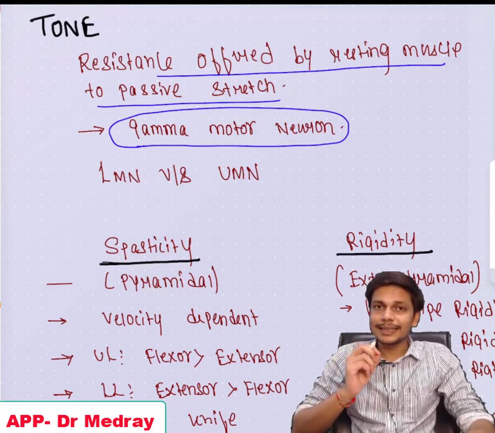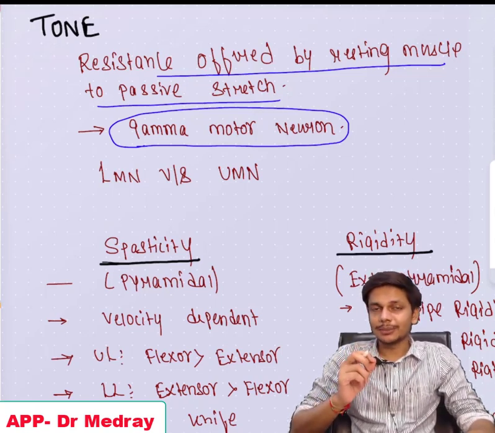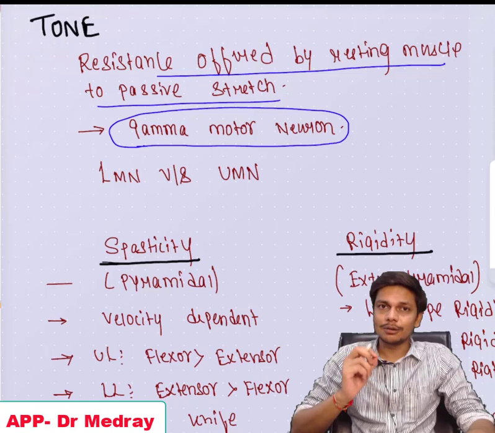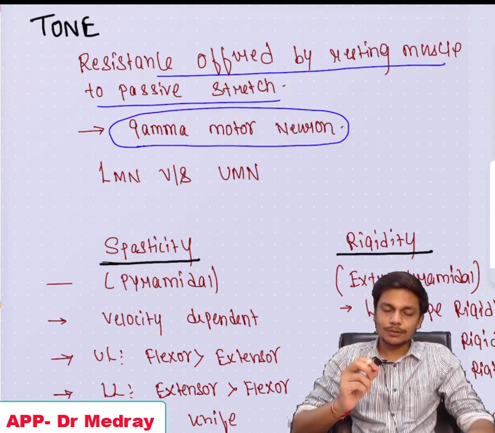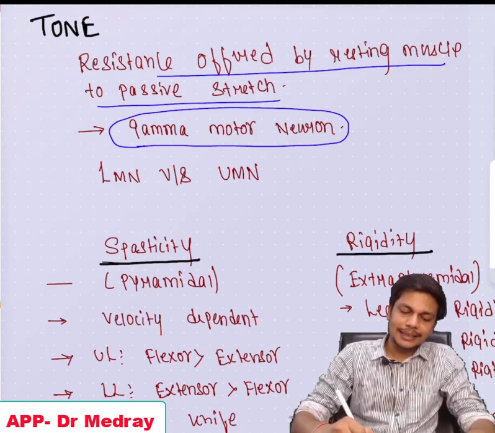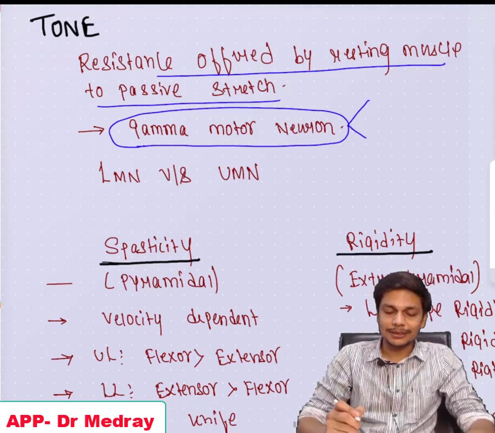The continuous release of the neurotransmitter acetylcholine at the neuromuscular junction is maintaining the tone of the muscle. And what was happening in gamma motor neuron pathology?